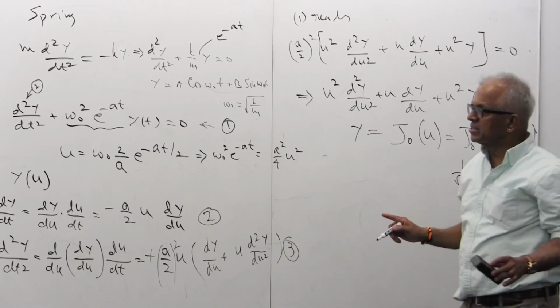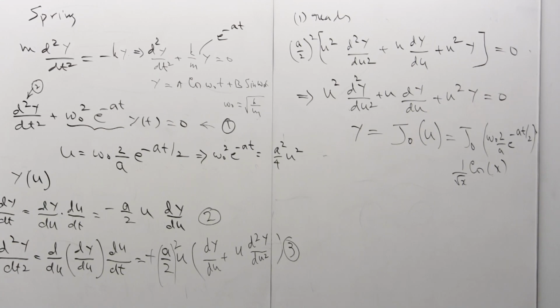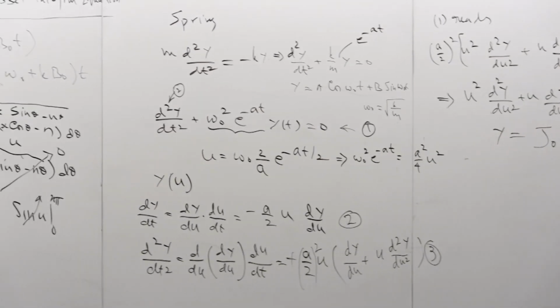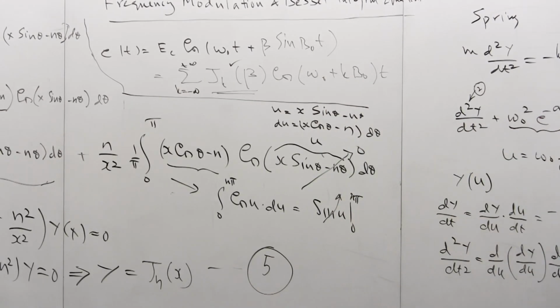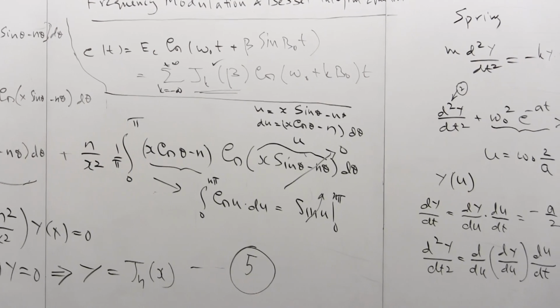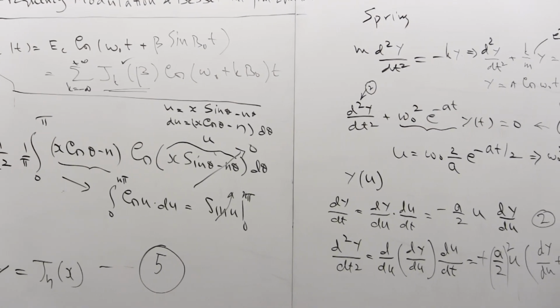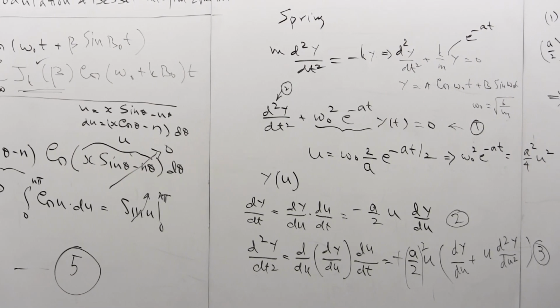So the whole point is, you can connect this to the FM also. Starting from here, we are able to derive the standard differential equation, which of course opens up lots of connections to a lot of problems in mechanics. And that's what I wanted to say.